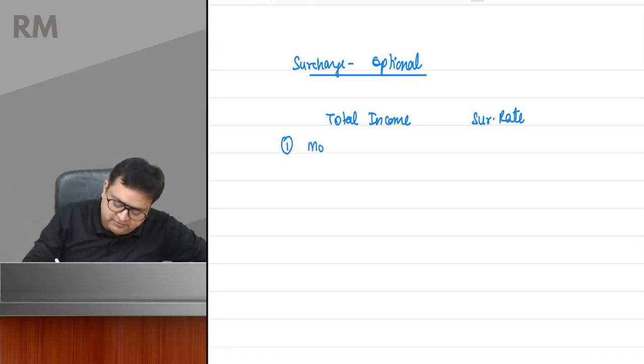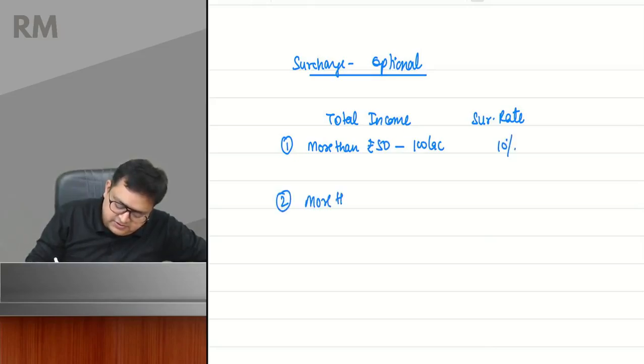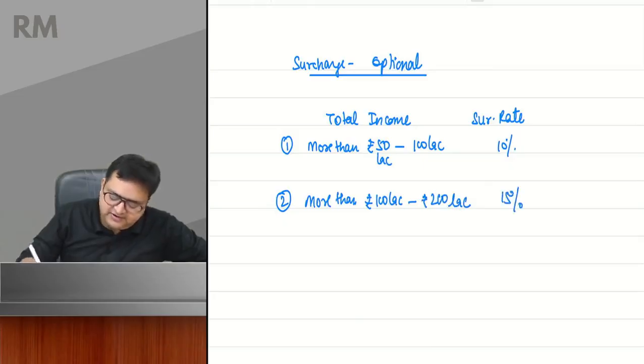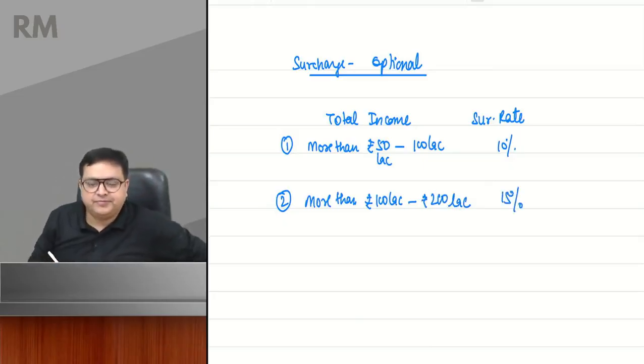If total income is more than 50 lakh, up till 100 lakh, 10%. Second level is same. More than 100 lakh to 200 lakh, that is 2 crores, it is 15%. First and second level in both regimes is the same.